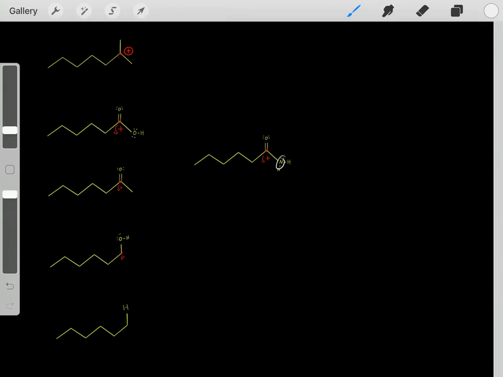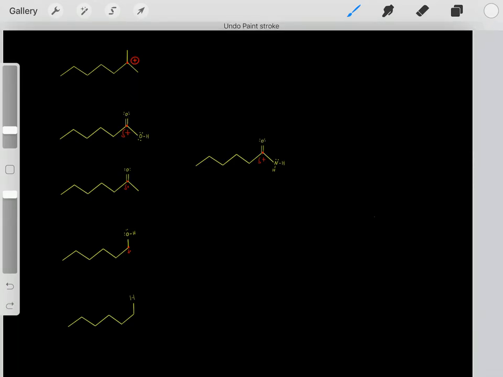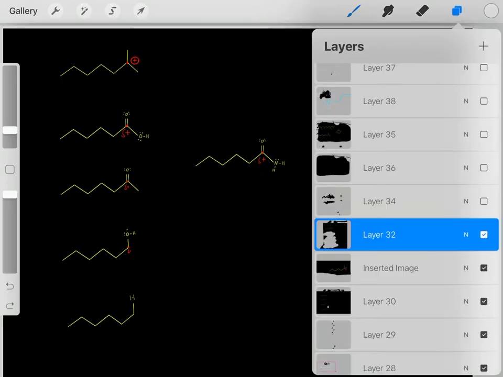And we know nitrogen is more electronegative than carbon, so it's still pulling some negative charge density. So this carbon's electrophilic reactivity would be around here, because here we have 3 bonds to oxygen, here we have 2 bonds to oxygen and 1 bond to nitrogen, and here we have 2 bonds to oxygen. So this would be the most electrophilic, then this one, then this one, then this one, etc.